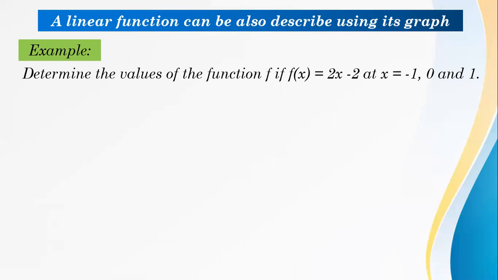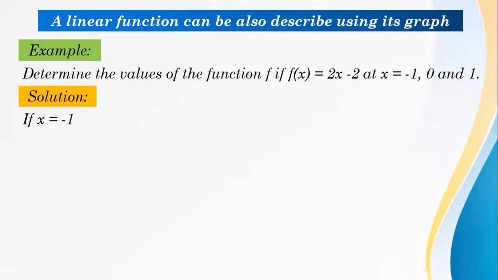We have the example: determine the values of the function f if f of x equals 2x minus 2 at x equals negative 1, 0, and positive 1. So we have the solution here.